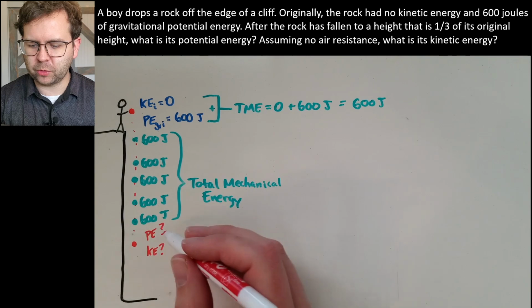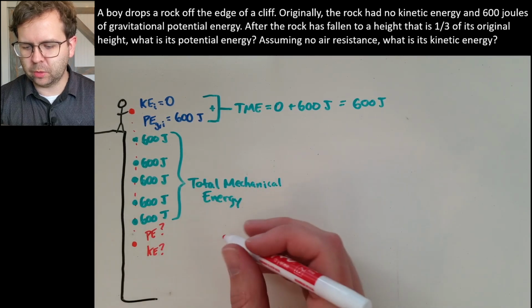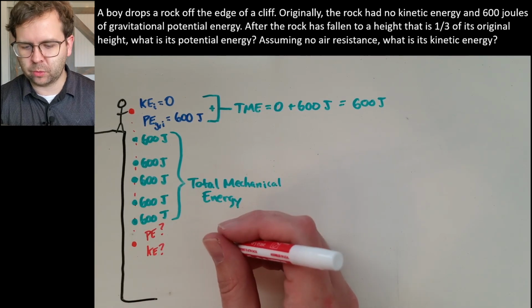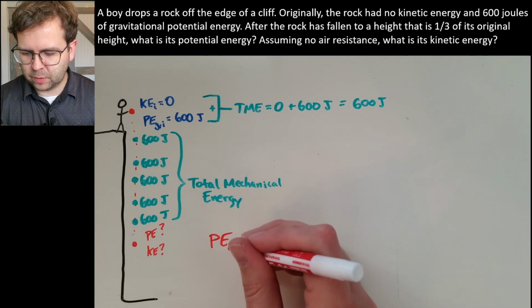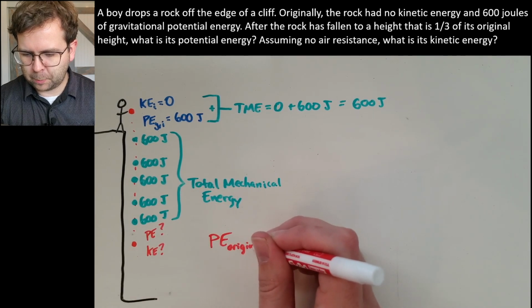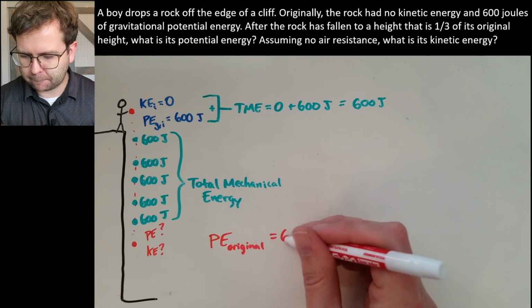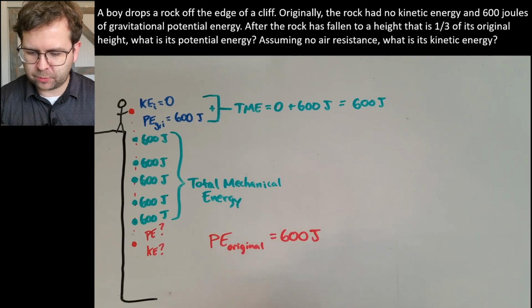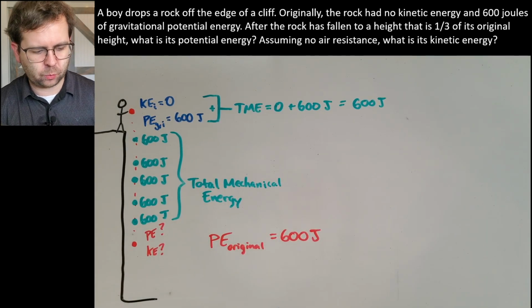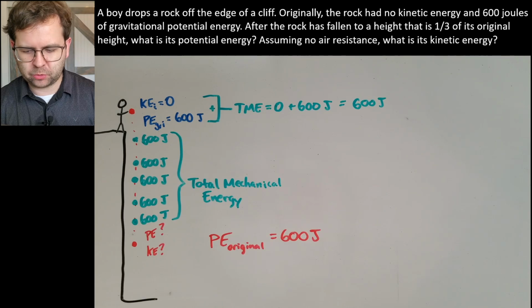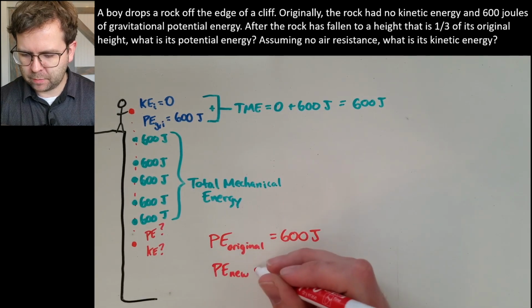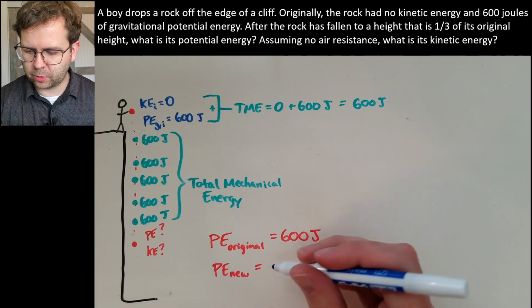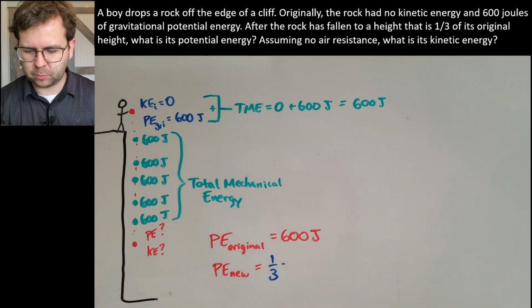Now, to find the potential energy, it should just be 1/3 of the original potential energy. So the original potential energy was 600. And if it falls to a height that's 1/3 as much, then the new potential energy is just going to be 1/3 times the original.